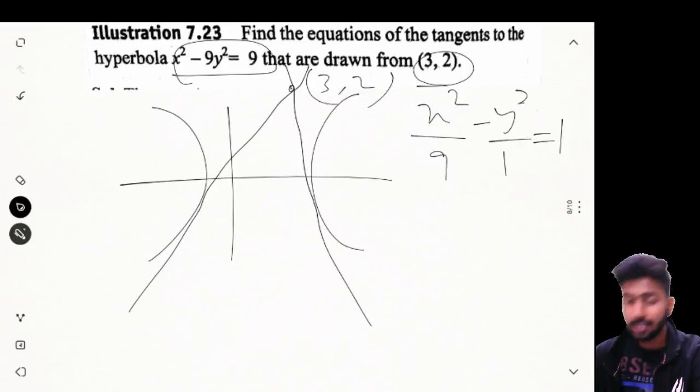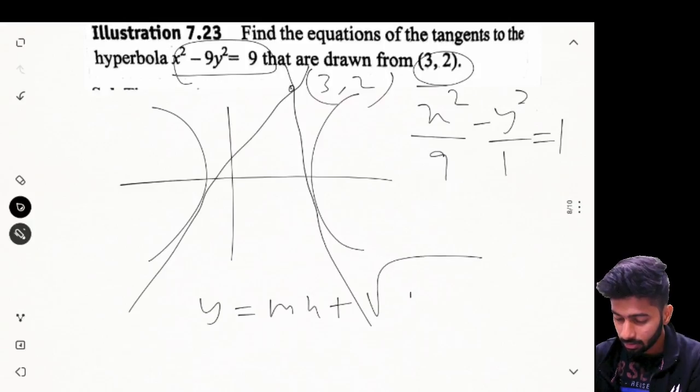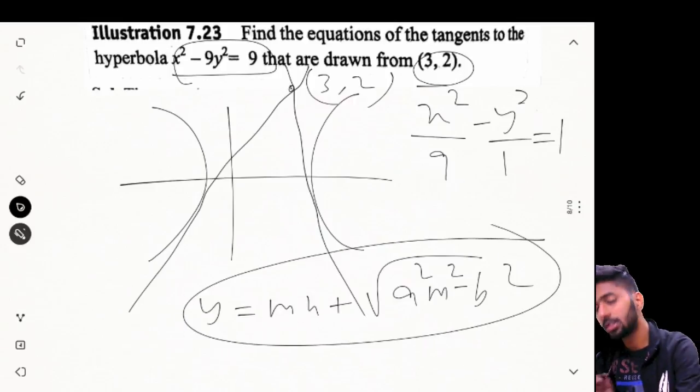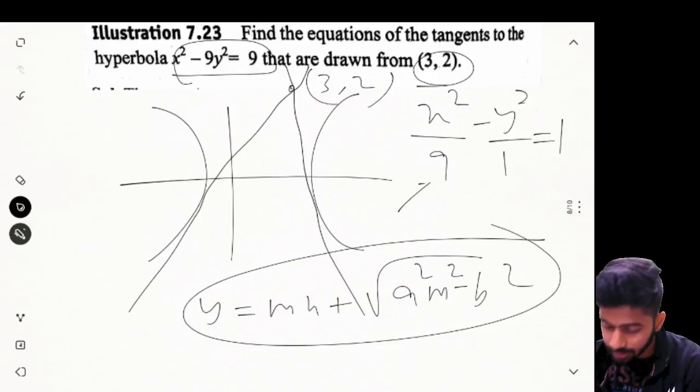So I'll first write the general equation. So let y is equal to mx plus under root a square m square minus b square. I'm ignoring the minus, forget about that minus. Let this be a tangent to this hyperbola, right? So first I'll put in the values of a square and b square. A square is 9, b square is 1.